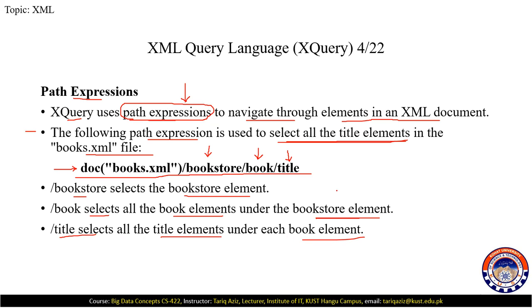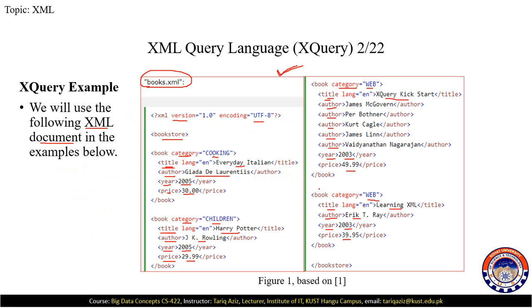Now if you go back to the XML document, first of all we have the slash bookstore element. This is our root node, and inside this element we have all the book elements under this root node.